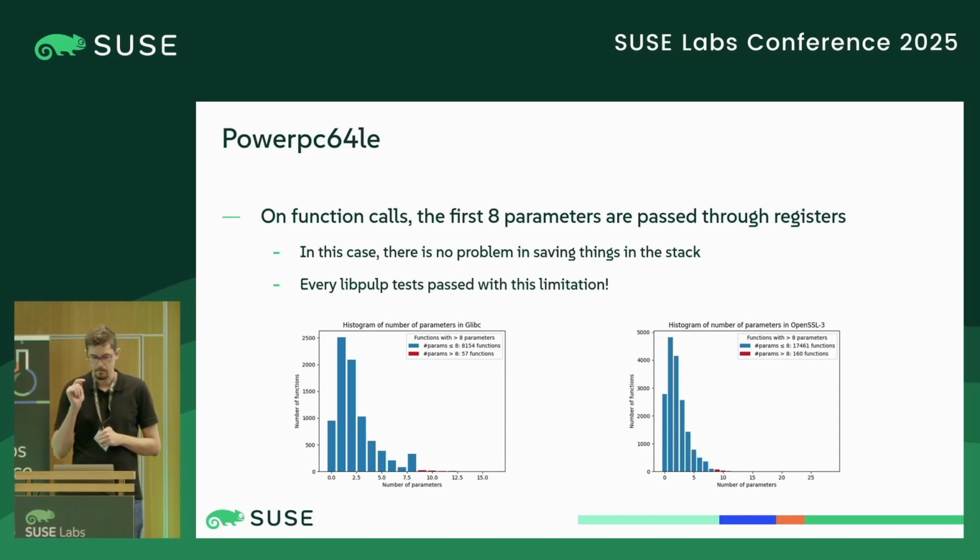However, if it has more than 8 parameters, this will crash because the arguments are passed through the stack now, and whatever the new function wants to read from the value passed by the caller, now we got garbage, and the program will crash. So we started looking at how bad it is on glibc and OpenSSL, which are the libraries we currently support, and we found out that it's small, but we can't ignore it.